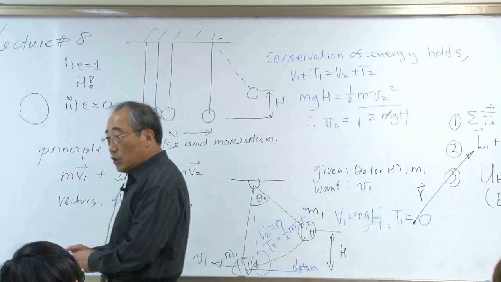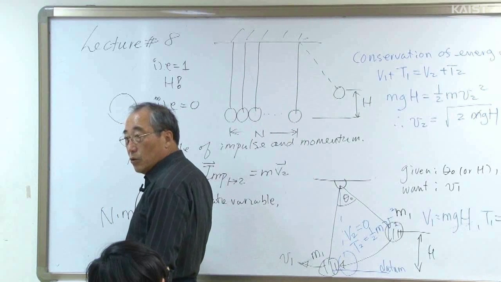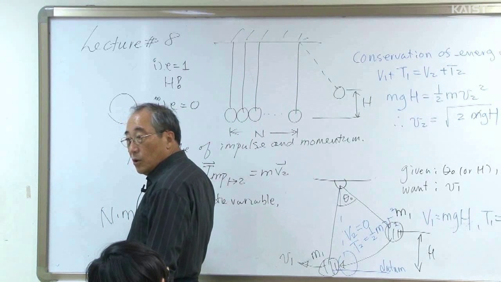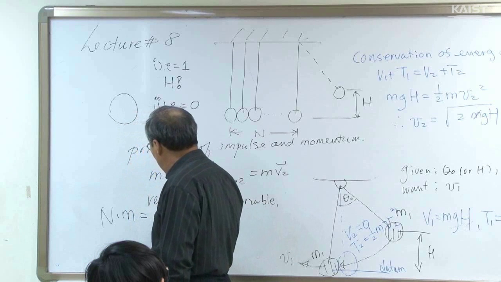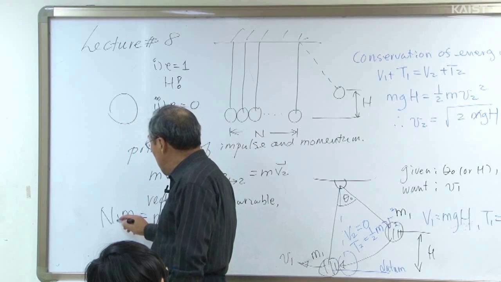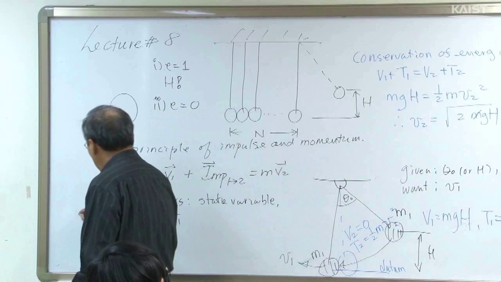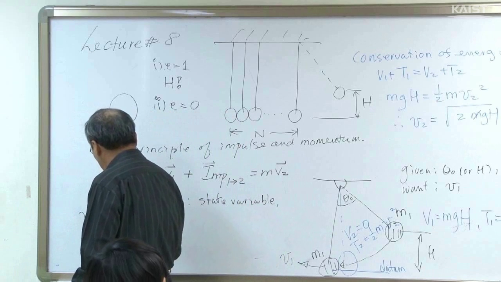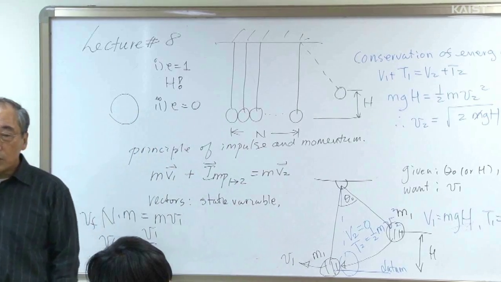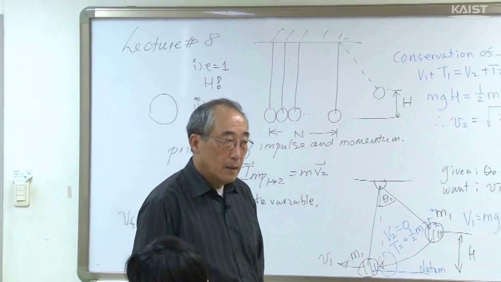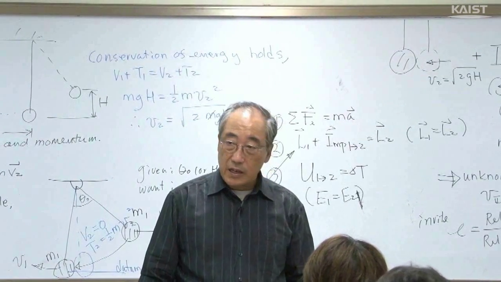Therefore n times m times the final velocity has to be equal to, because the momentum has to be conserved, mv1, therefore the final velocity would be v1 divided by n. Which one is correct? Okay, that is a very interesting question.